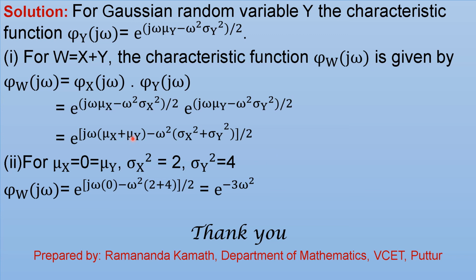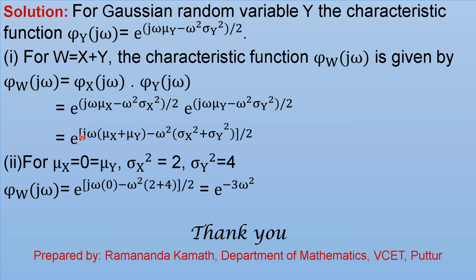Now in the second part it is asked, find the characteristic function of the sum w when the means mu x and mu y are equal to 0, variance sigma x square is equal to 2, sigma y square is equal to 4. So look at this characteristic function of the sum w, phi w of j omega. In that you put the means mu x and mu y as zeros, variance sigma x square as 2, sigma y square as 4.